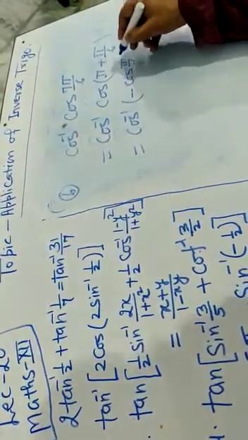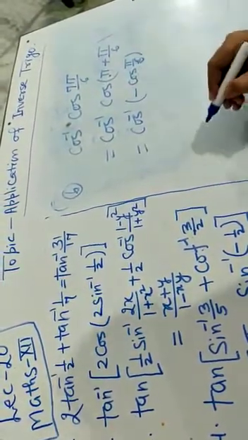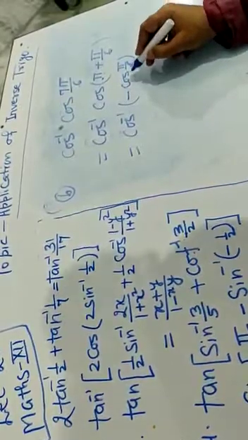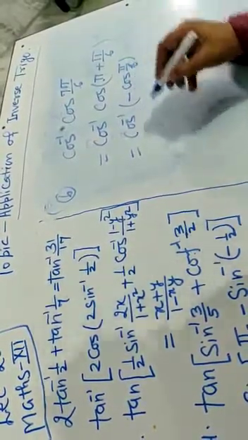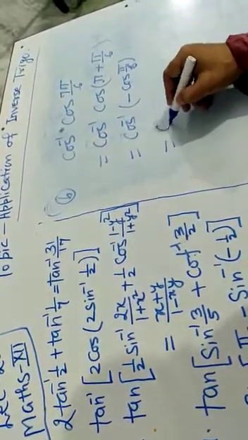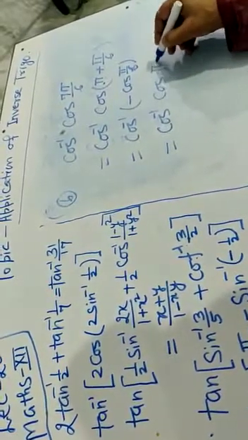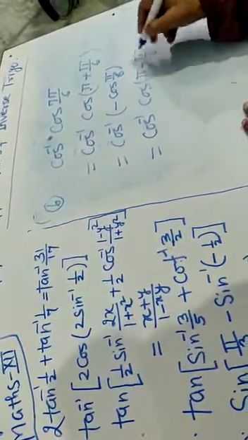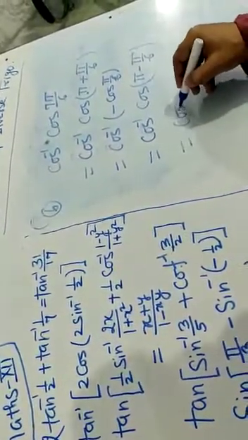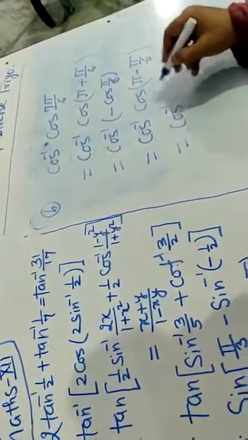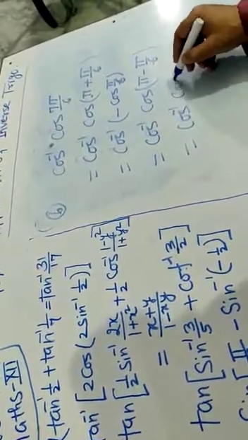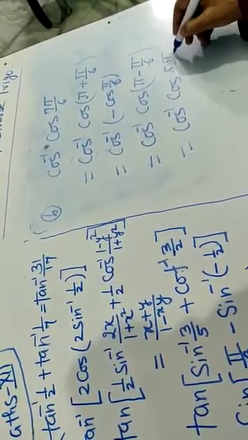Now, according to the functional rule, cos is negative in the second quadrant. So you write cos inverse cos of pi minus pi by 6, which is cos inverse cos 5 pi by 6.